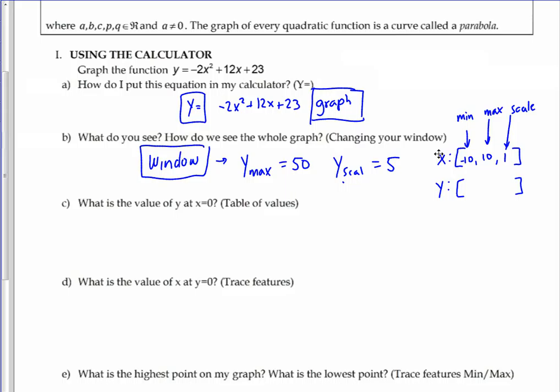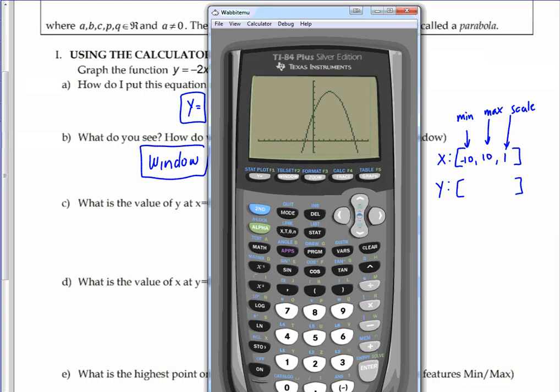If I wanted you to graph it a certain way, I would put this in. The problem with scale is if I had a y scale of 1, from negative 10 to 50, that's 60 ticks that I'm trying to put in my graphing calculator. And 60 ticks, that's why you can't really see it, right? So by changing our scale, it's easier to read the graph a little bit.